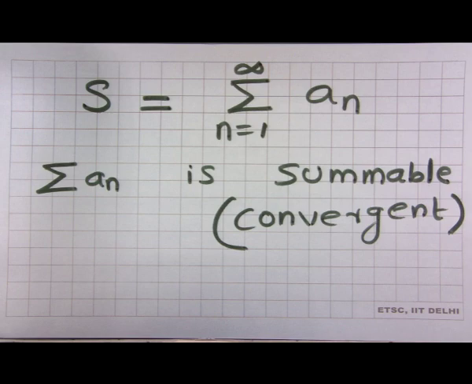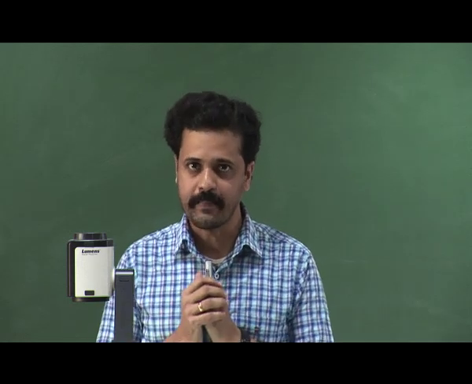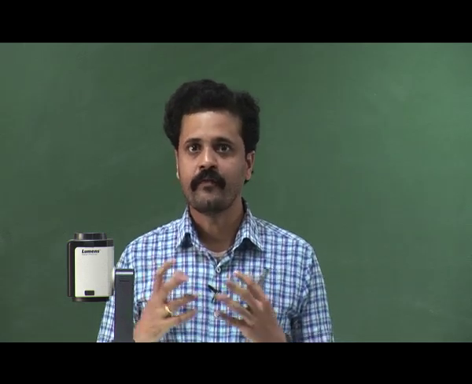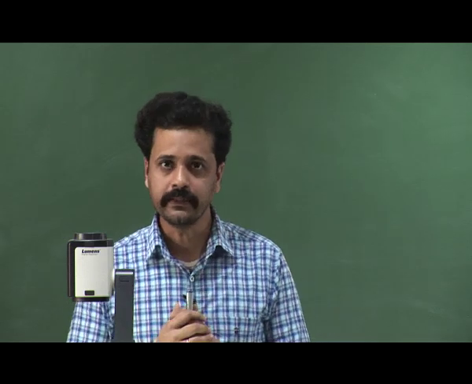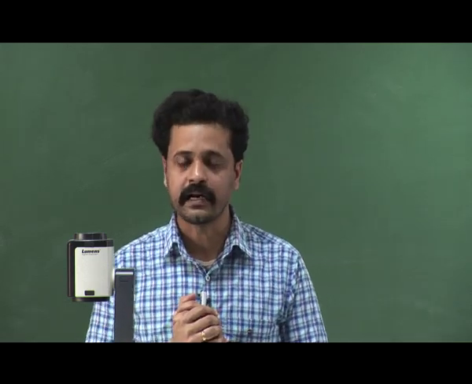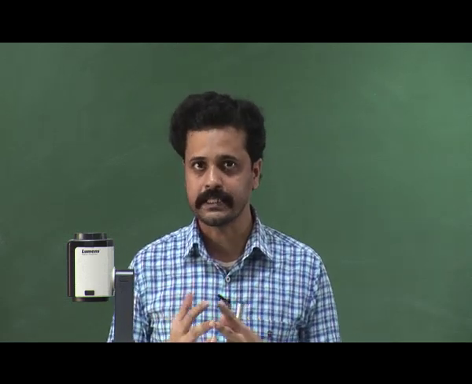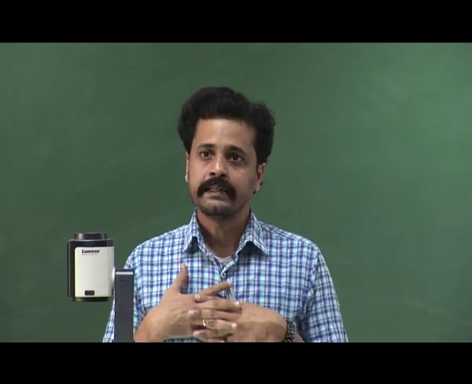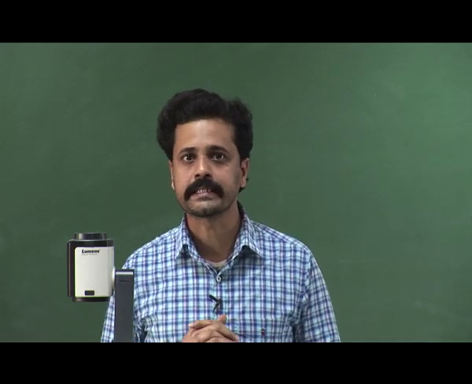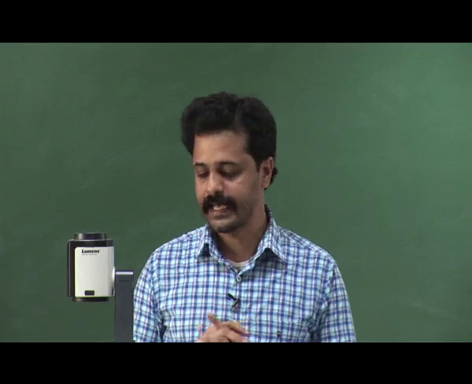Thus, to see whether an infinite sum has a meaning, in other words, whether it is summable, in other words, whether a series is convergent, we should first find the sequence of partial sums. Then we investigate what happens to this sequence of partial sums as n becomes larger and larger.